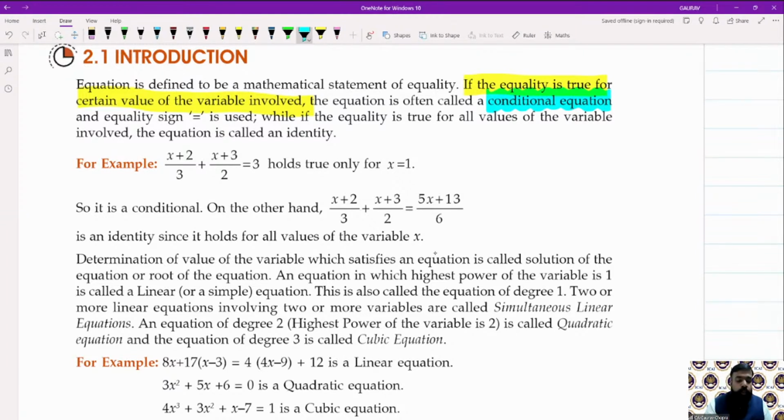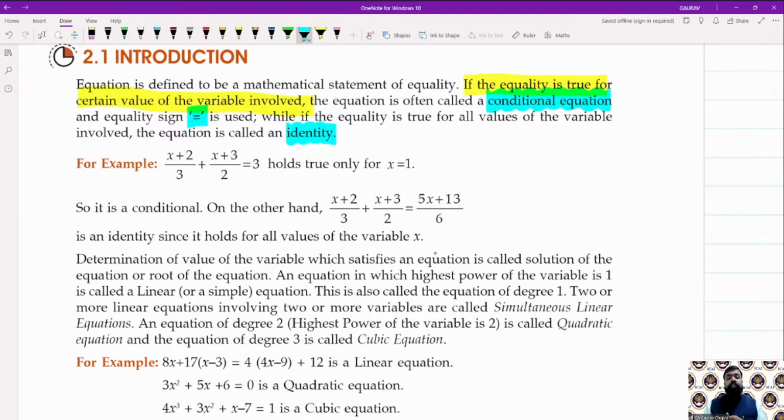And we use the equal to sign in between. Whereas if equality is true for all the values of the variable, if we put any value and it is true, then it is known as an identity.